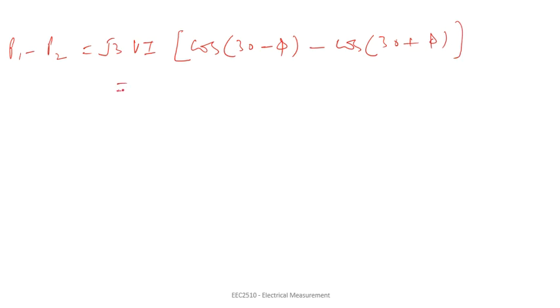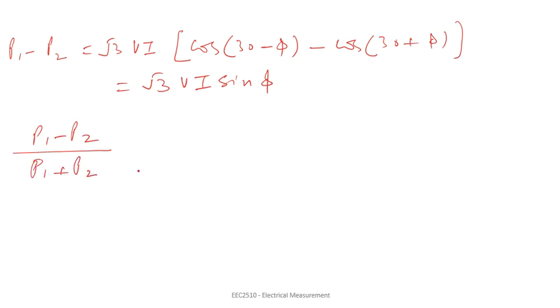So this would be equal to root 3 Vi sin phi. Now you take the ratio of the difference, P1 minus P2, and the summation of these two readings, P1 plus P2. So the ratio will give root 3 Vi sin phi divided by 3 Vi cos phi.